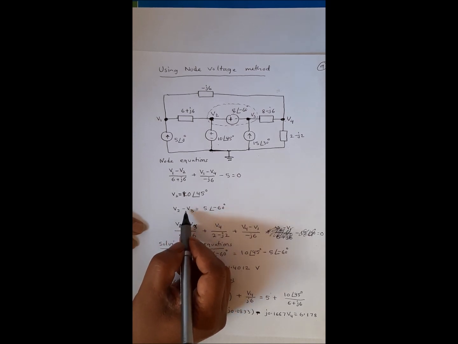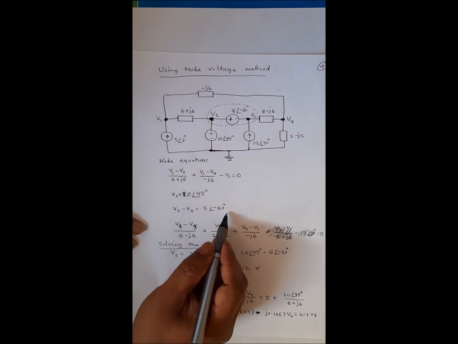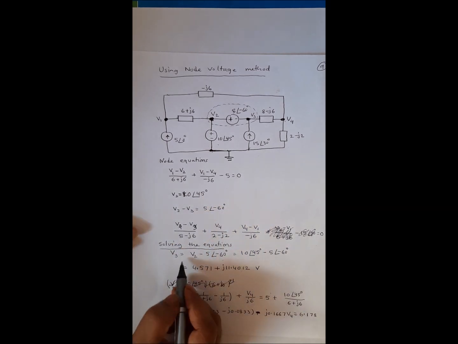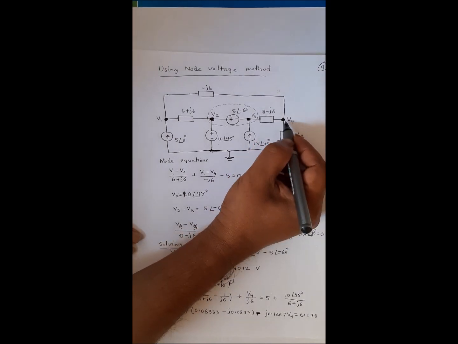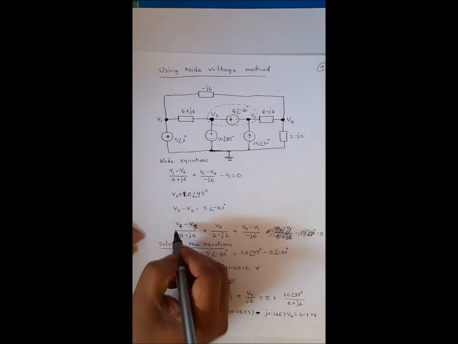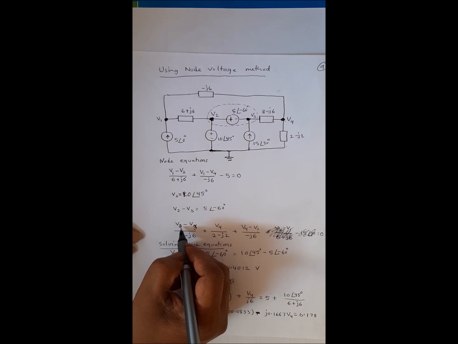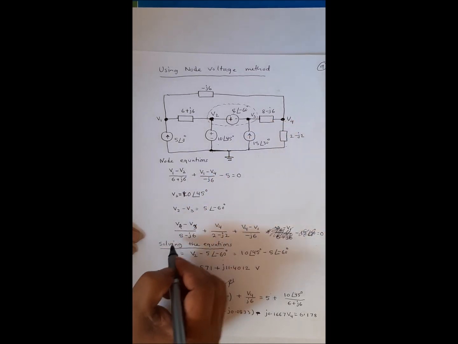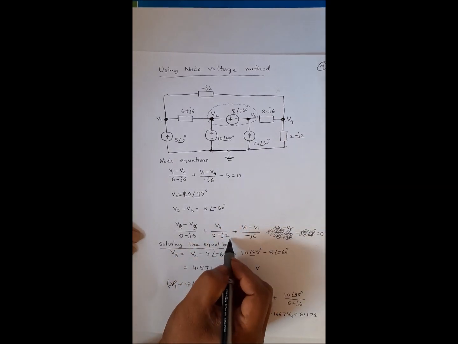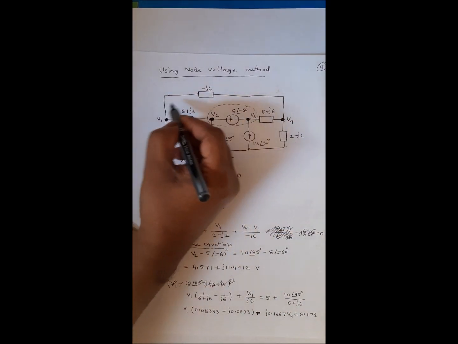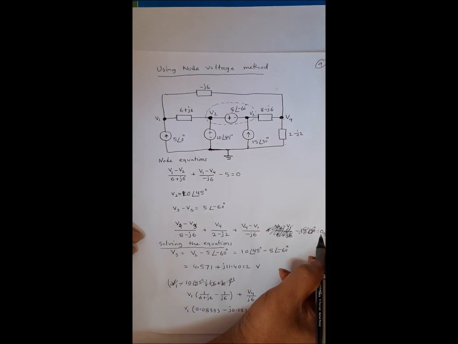So B3 would be 10 minus 45 minus 560 equal to B3. And for B4 you see B4 over minus B4 minus B3, 8 minus J6, and B4 over 2 minus J2, B4 minus B1 minus J6 equal to 0.